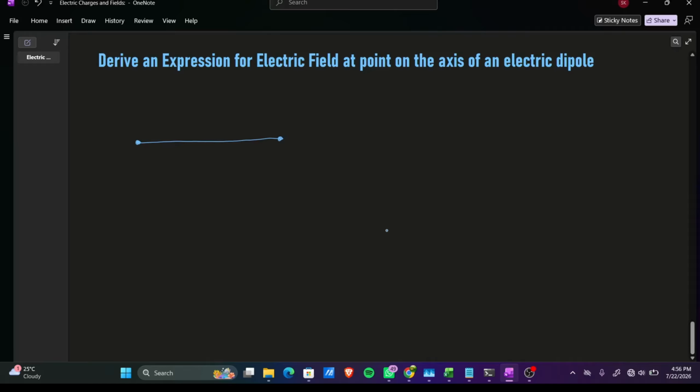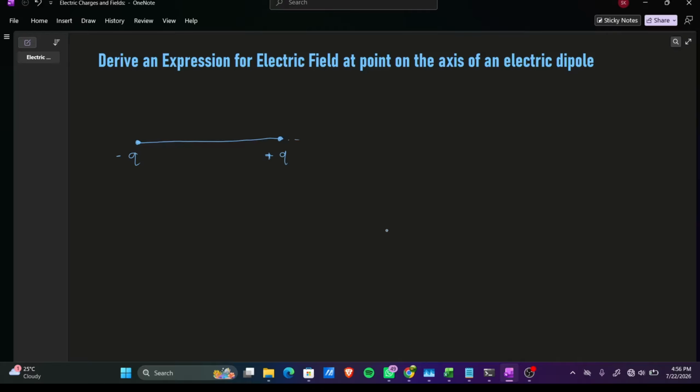One charge is positive and one is negative, but the magnitude of both charges is the same. In this expression we have to find out the electric field due to this dipole on its axis.